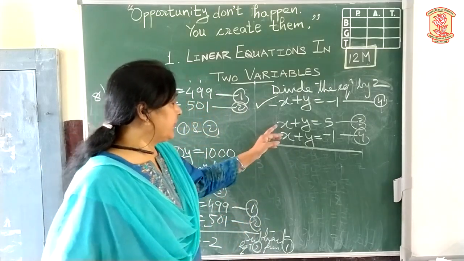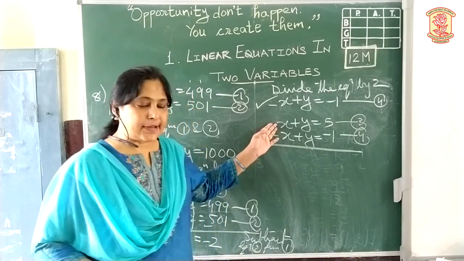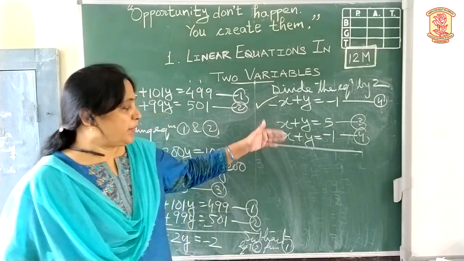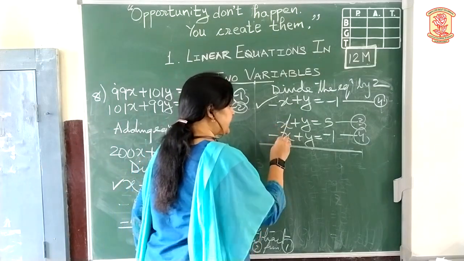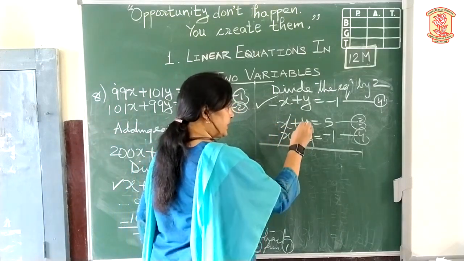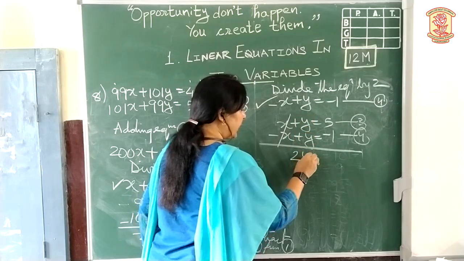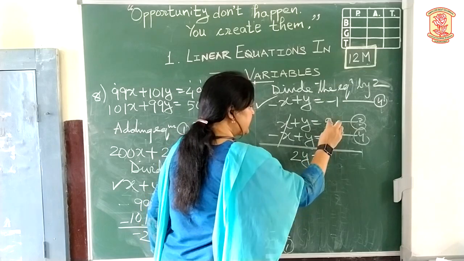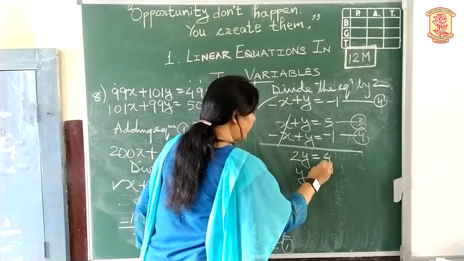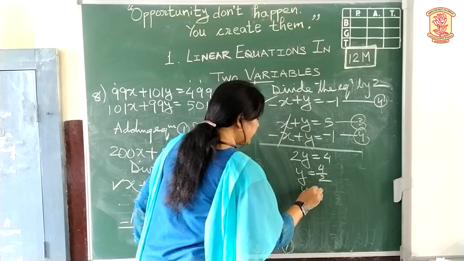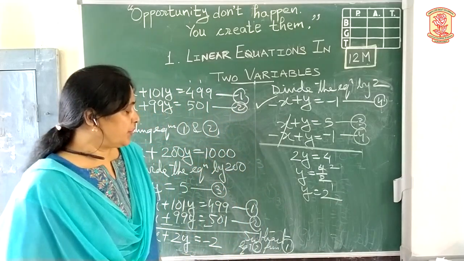If you observe here, the coefficients of x are the same and the signs are opposite, so the variable will be eliminated. Plus x and minus x get cancelled. Plus y plus y, 1 plus 1, is 2y equals 5 minus 1, which is 4. So the value of y will be 4 upon 2, so the value of y is 2.